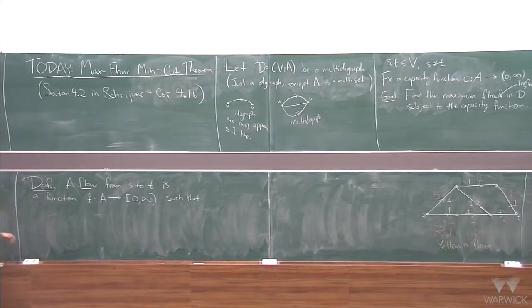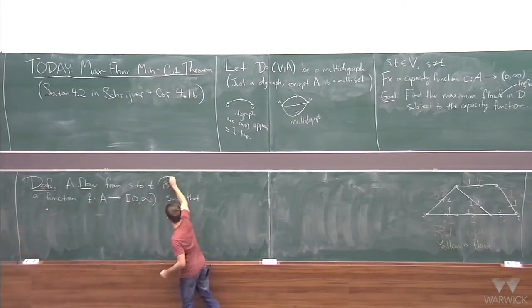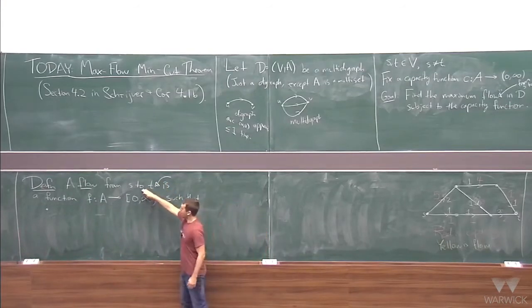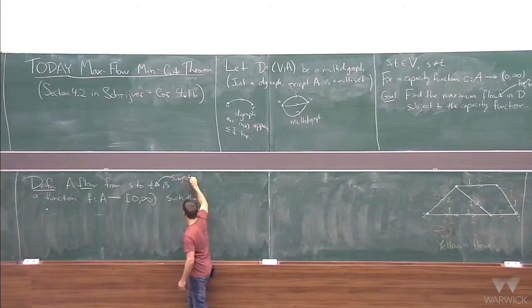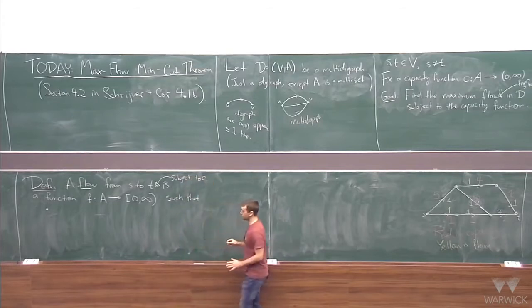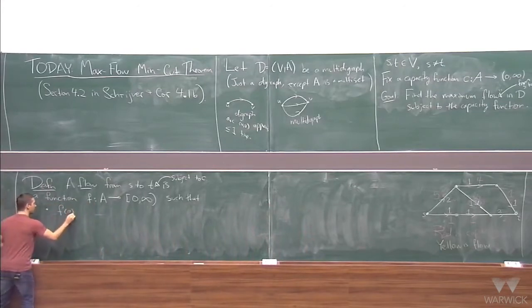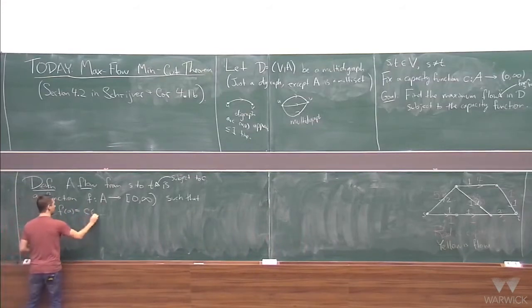We're going to have two conditions. Sorry, I keep forgetting to write things. I want a flow from S to T subject to C, so it's subject to the capacity function. It's a function f from the arcs to non-negative reals such that the flow on a given arc is at most the capacity.